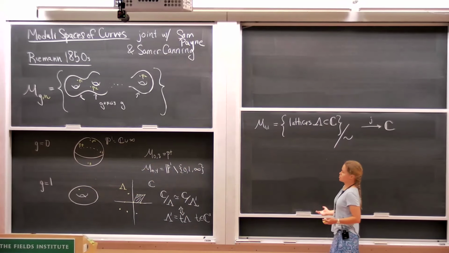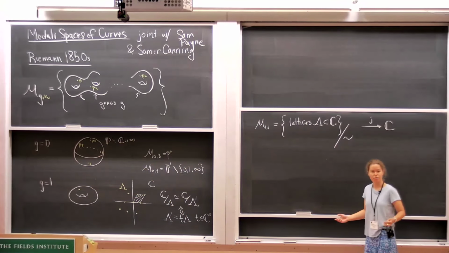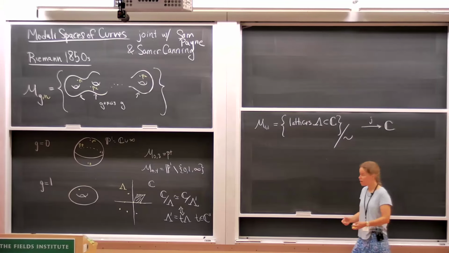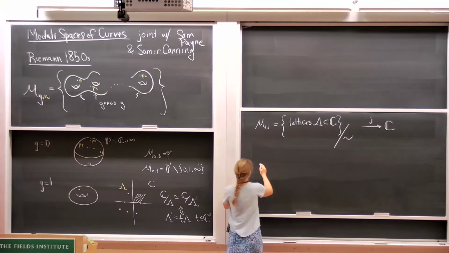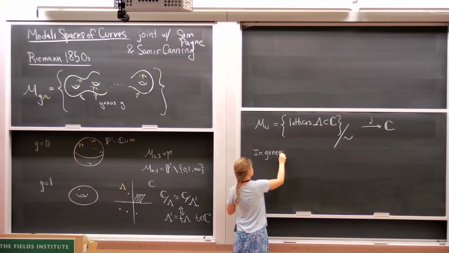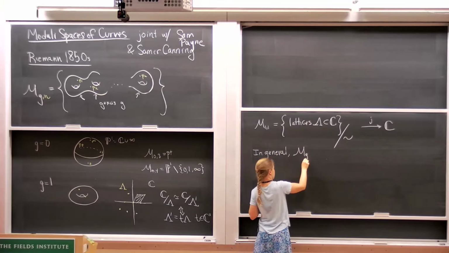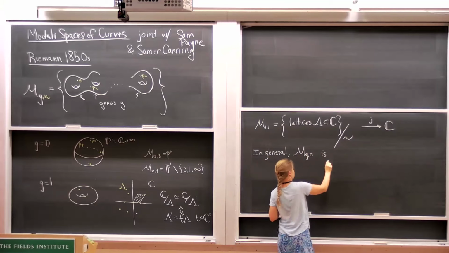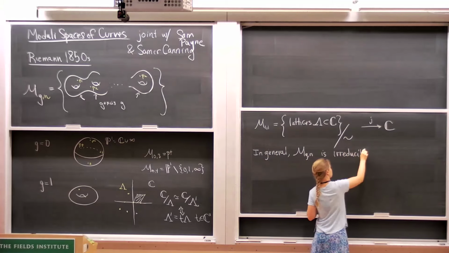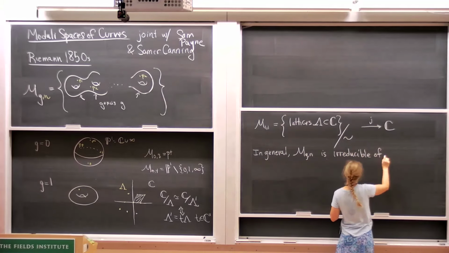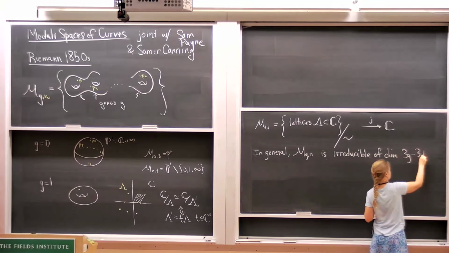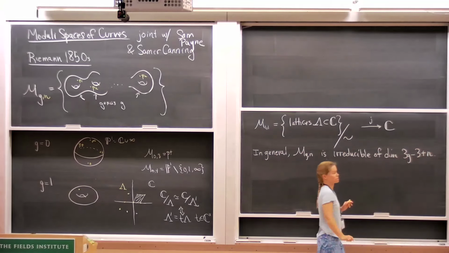So as the genus and number of marked points grow, these spaces become more and more complicated to describe. But we do know that in general, M_{g,n} is a nice irreducible space of dimension 3g minus 3 plus n.